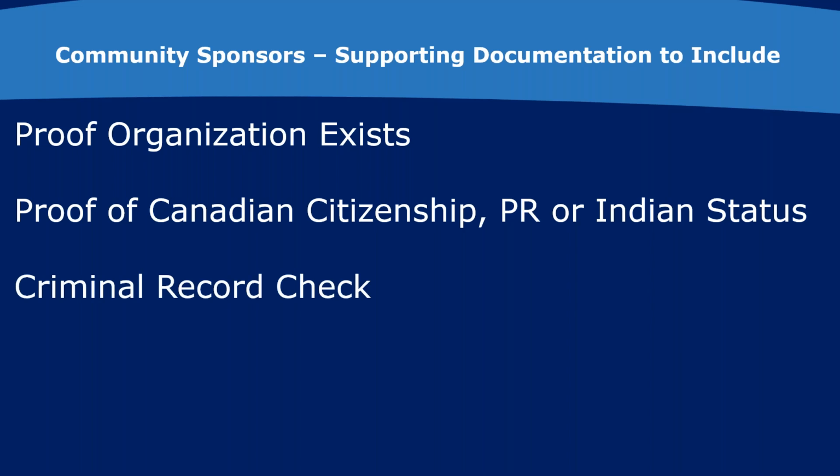Criminal record check for community sponsor, signing authority, and again, if applicable, for the co-sponsor, individual or organization acting as a co-sponsor. Again, the police check is issued within 6 months, and if applicable, sponsors, co-sponsor and signing authority, should they have any previous conviction, all the court documents showing a disposition of that conviction.